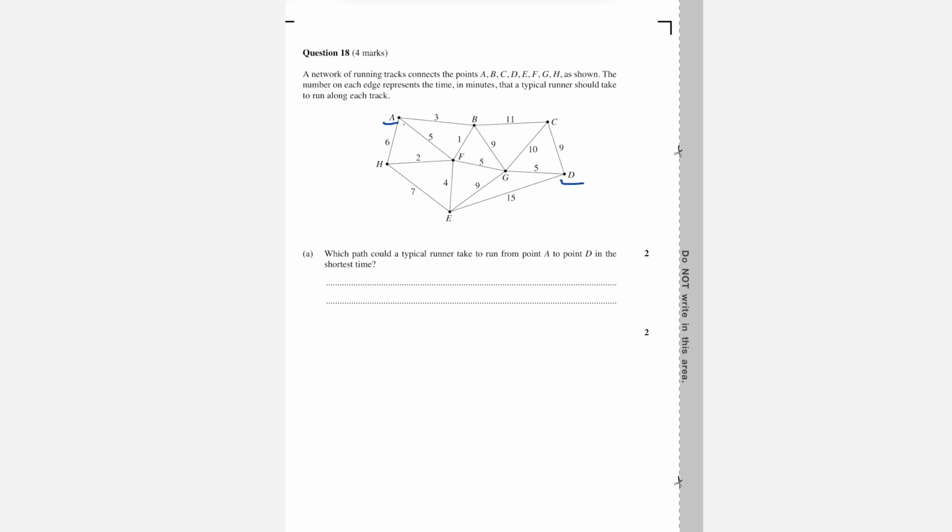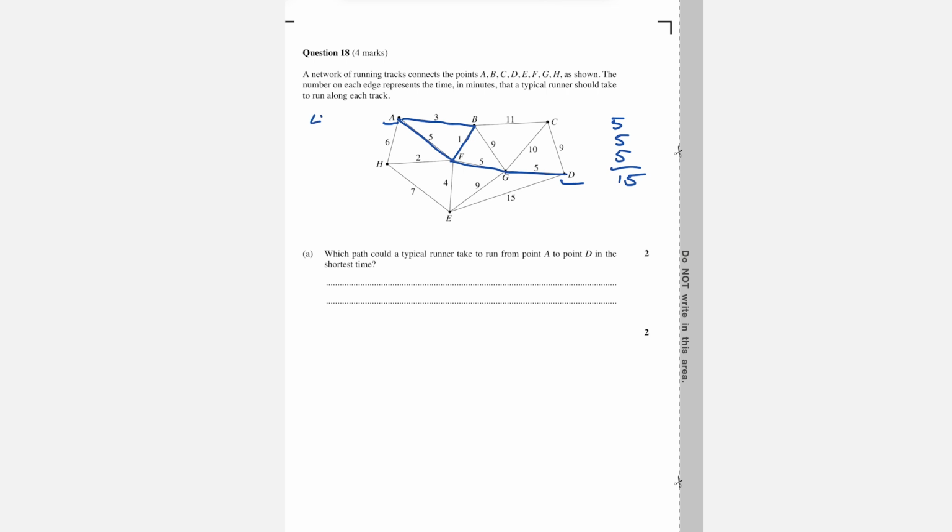So we can see that the most direct path to get from A to D, it would be, in my eyes, going this way, right? And that's pretty obvious. It's 5 plus 5 plus 5, which is 15, right? That's the path to beat, but I can see that there is a smaller number here. If instead we go AB and then BF, that way we can take off that 5 and instead go 4.